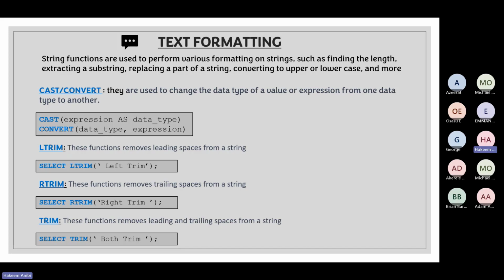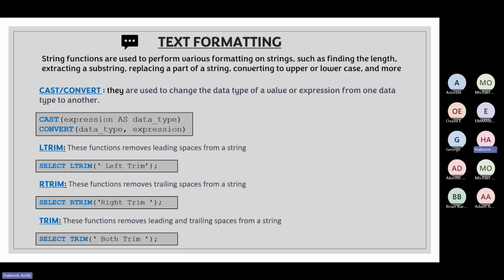We have different data types in SQL: date, datetime, integer, varchar, and so on. You can convert a date data type to a datetime data type. The date data type just has the date, like 01/10/2023, but the datetime has the date and the time.